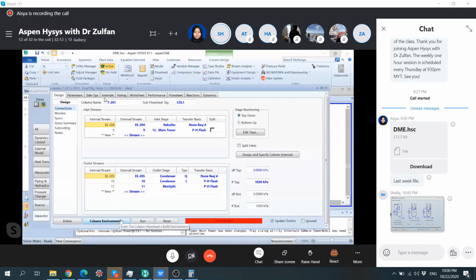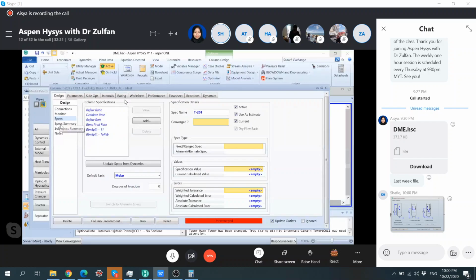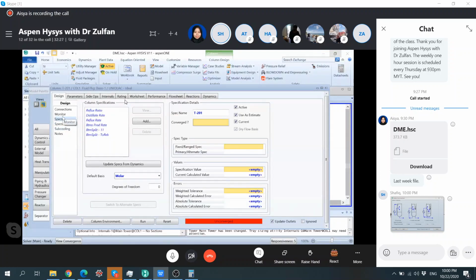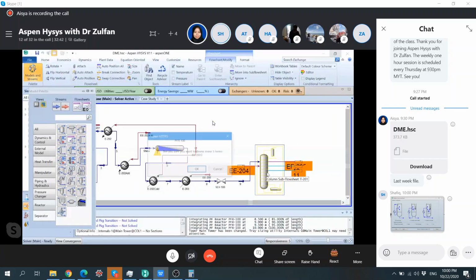It's going to be the same as in the internals. Ah, okay, that column environment. Reflux rates, I'm not really sure. Well, there's one thing. We just delete this and then make a new column. Sure, that's also better.